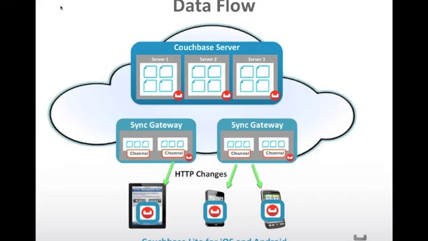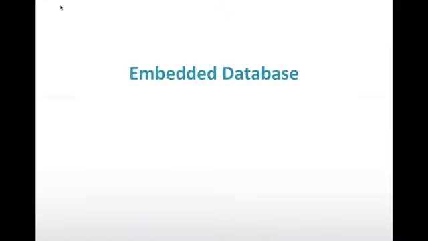But now let's actually look at the client and look at what it means to have an embedded database. So it's easy for us to spend a lot of time talking about Sync when we're talking about Couchbase Lite because it's the standout feature that you haven't seen much of in the mobile database world in the past.